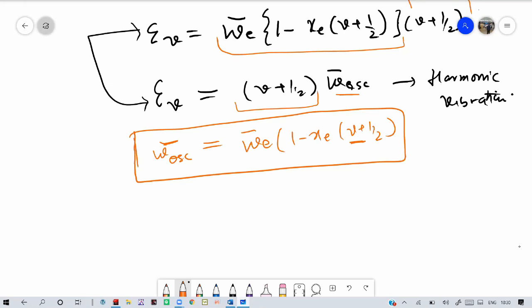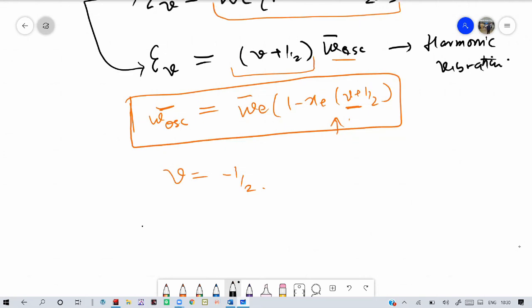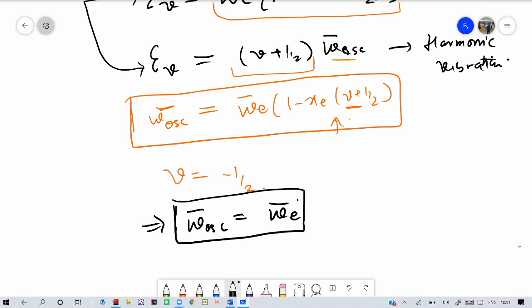Now suppose that we put nu equal to minus 1 by 2 here. What will happen? This will give us actually a physical result.